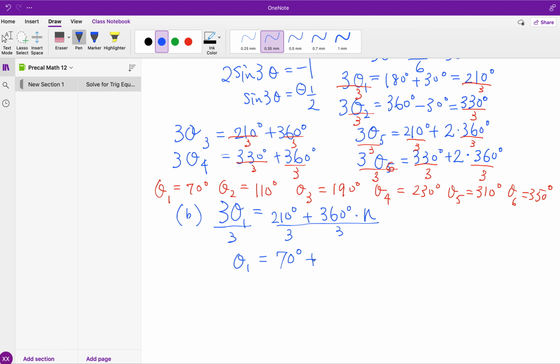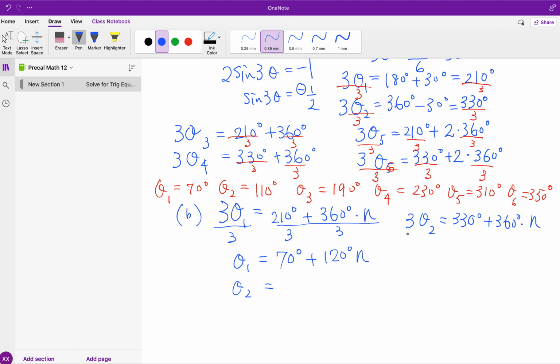degrees plus 120 n, and then my theta 2 equals 110, because of what's right here. 3 theta 2 equals 330 degrees plus 360 multiplied by n.